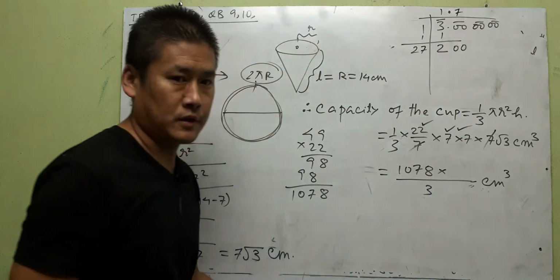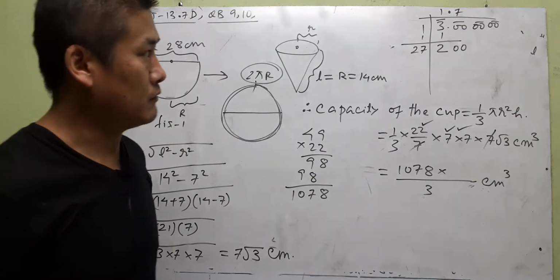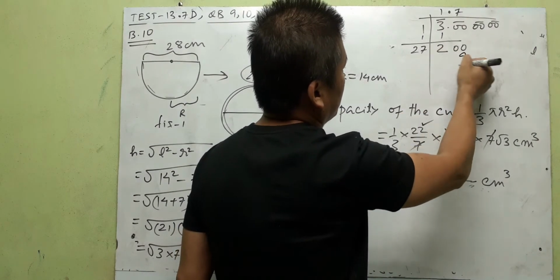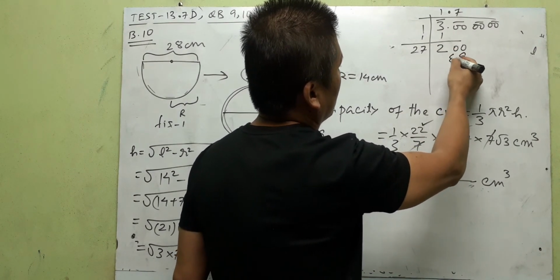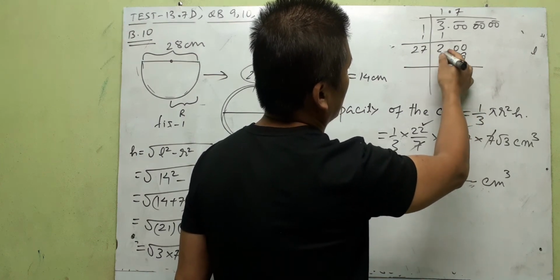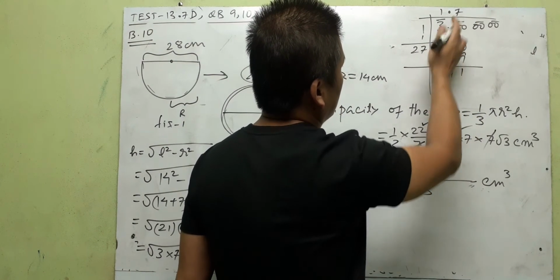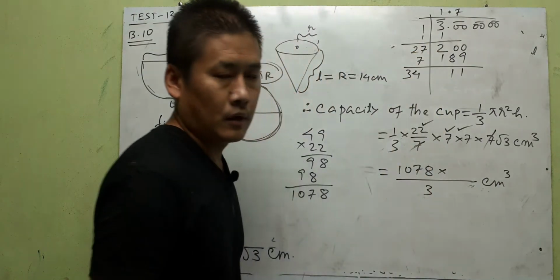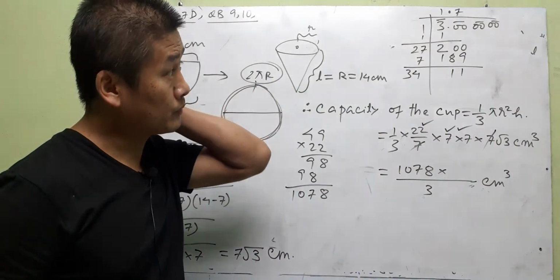We know the square root division, we did it just a moment ago. Whatever number we put here should be put there. 7 7s are 49, 7 2s are 14, 18. 10 minus 9, 1, 9 minus 8, 1. Borrowed already, so no more. Whatever is here, we put here. So 34, when we add these two, 27 plus 7, 34.